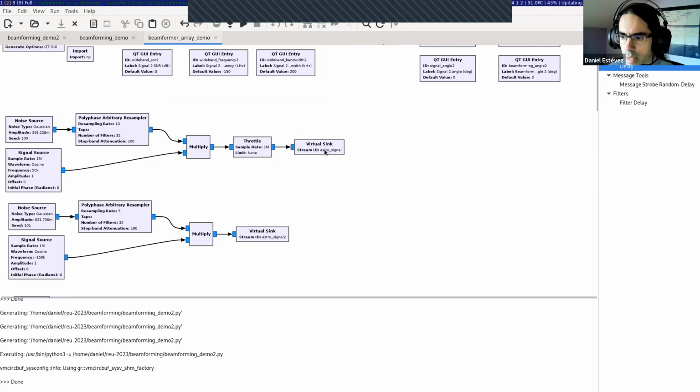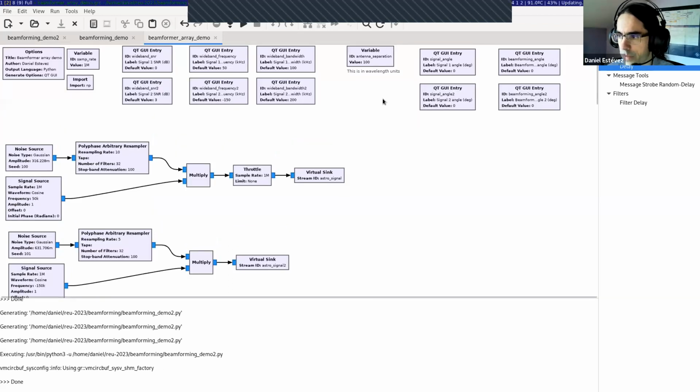The reason I'm having two signals here is because I'm going to simulate that they come from sources in different parts of the sky, and we will see how we can point our beamforming array to one of the signals, and we will not be able to see the other signal, and vice versa.